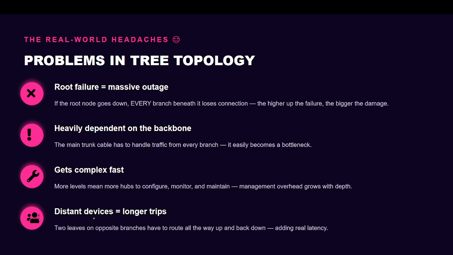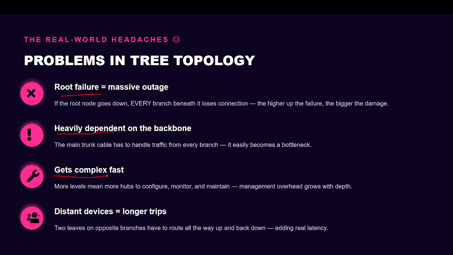Problems in the tree topology. Now, the real talk. Problem one, the scary one, root failure. A massive outage. Every branch underneath it just loses connection. The higher up the failure, the bigger the damage. Problem two, heavy dependence on the backbone. The whole thing depends on the backbone, and the main trunk cable has to carry traffic from every single branch, so it becomes a bottleneck fast.